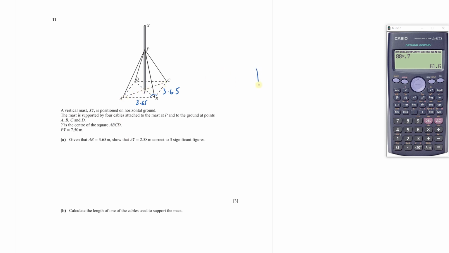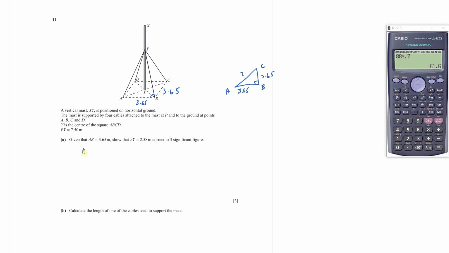So this is your triangle ABC. This is 3.65, this is 90 degrees, and this is also 3.65. So you have to find this length.